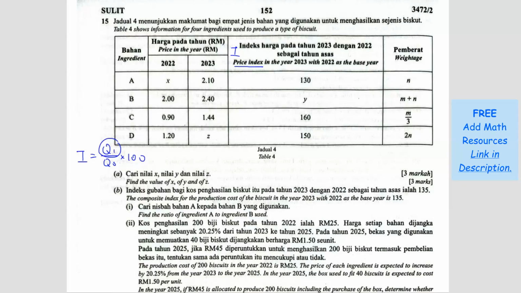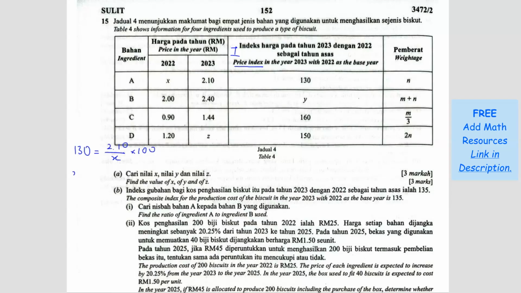So if I take this 130 as the index, then Q1 is 2.1, and this is x, the Q0, then times 100. So we're just going to rearrange the equation. The first one will be 130 equals 2.1 over x times 100.